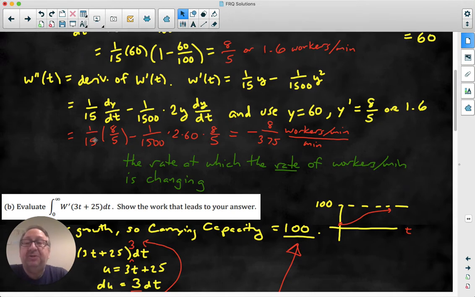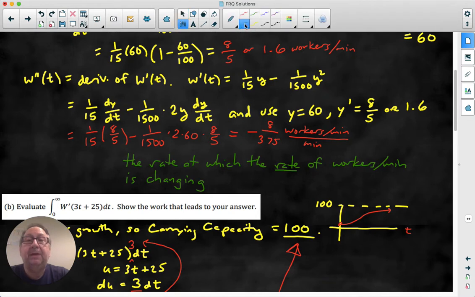So when we substitute all of those things in, dy dt becomes 8/5, and the y is 60, and the dy dt again 8/5. When you do all the number crunching, use a calculator on this, or just leave it, -8 over 375. Turns out we're going to need this number in a much later part of the problem, but if we needed it, we could use the calculator because it'll be available to us.